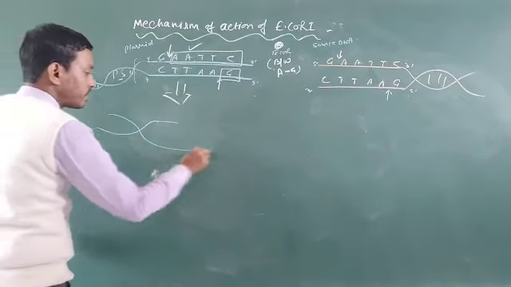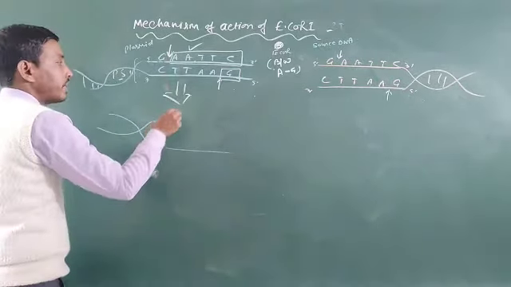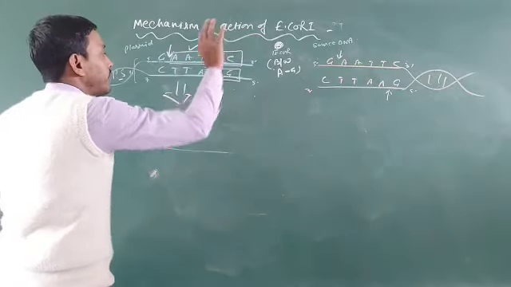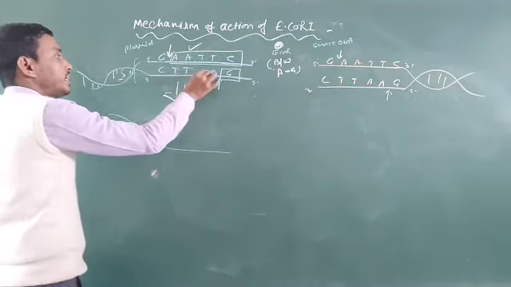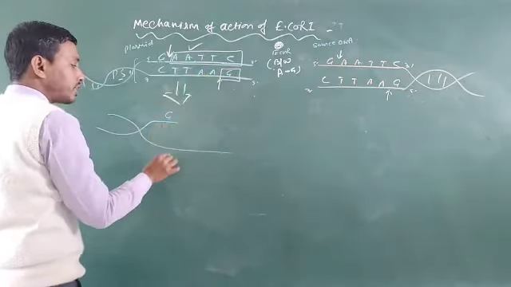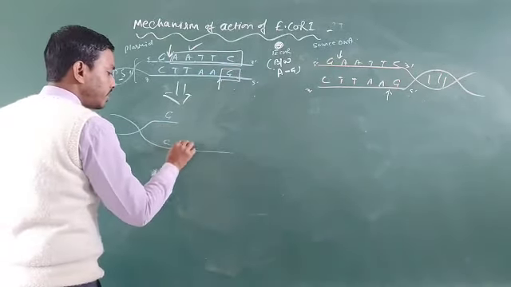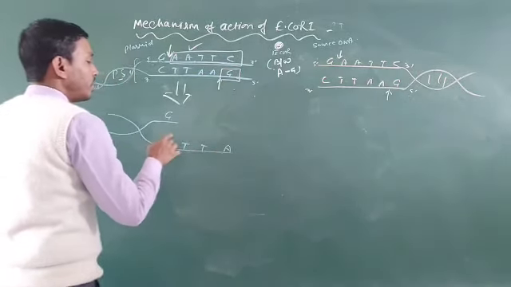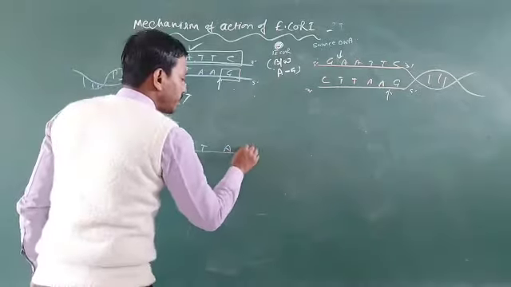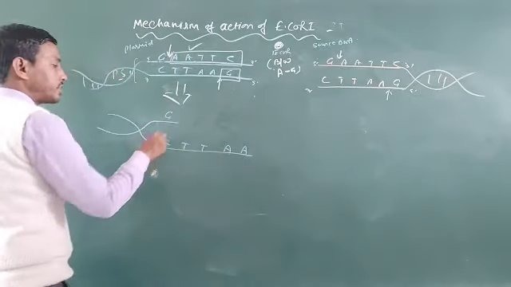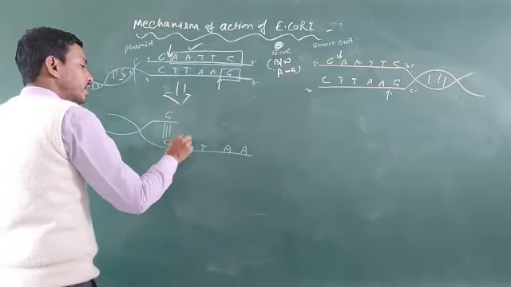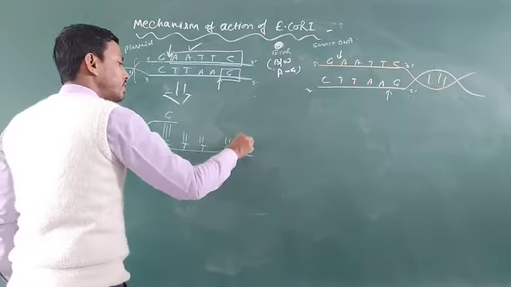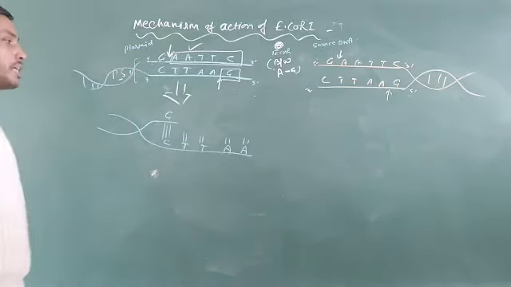Listen, only G remains and the rest, AATTC, will be eliminated, and CTTA will remain in the second strand. CTTA and A will remain on the second strand, and there will be the triple bond, and this is the double bond. That will be the part of plasmid DNA.